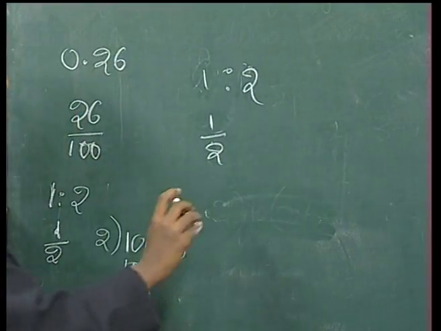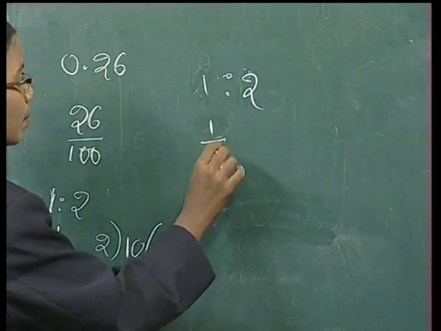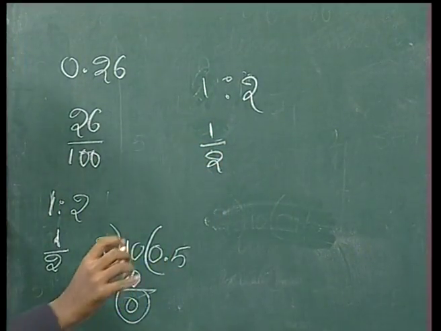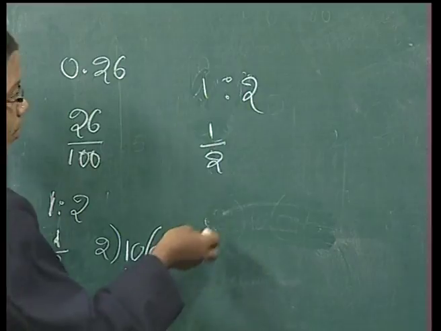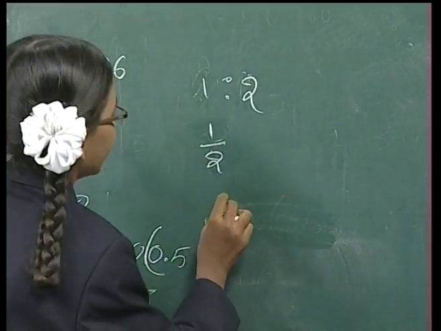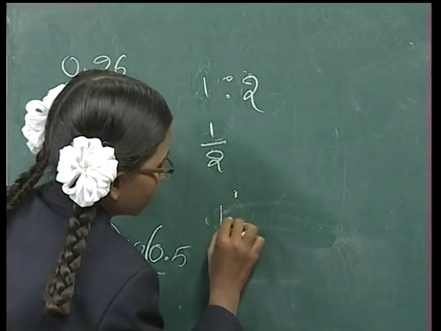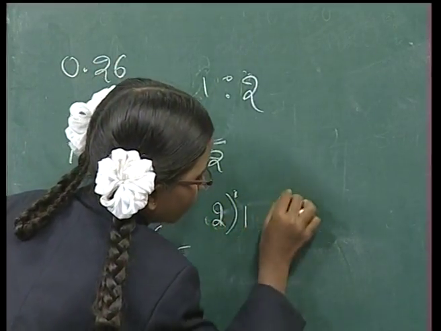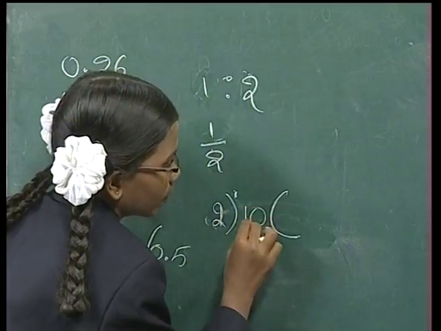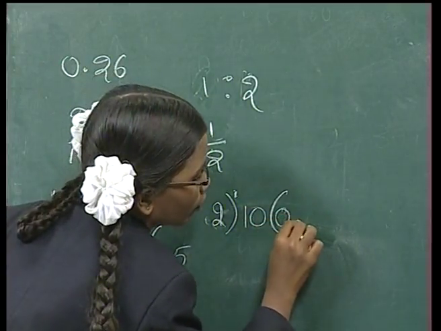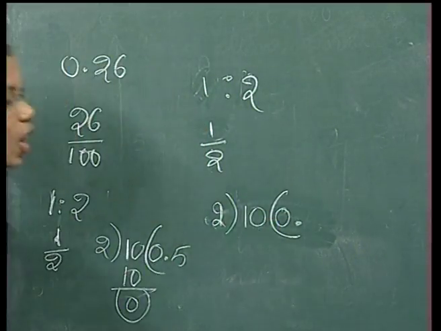Sorry friends, here it is 1 by 2. Here we write 0 and here also we put a point. Friends, how many times?